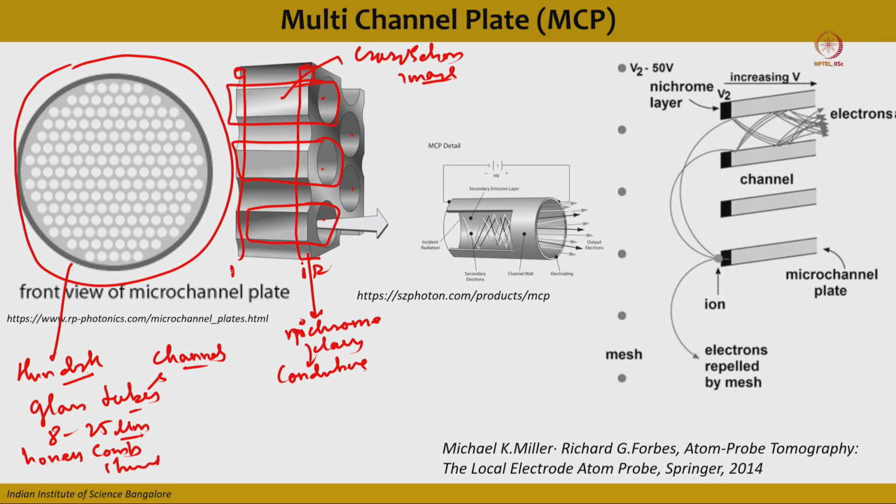So a bias voltage is applied between the surfaces of the MCP plate. What is the role of this bias voltage? I'll describe in a few minutes. These multi-channel plates are aligned at a certain angle, around 5 to 15 degrees. I will come to why in the end of the lecture, that they are aligned at 5 to 15 degrees to the normal axis.